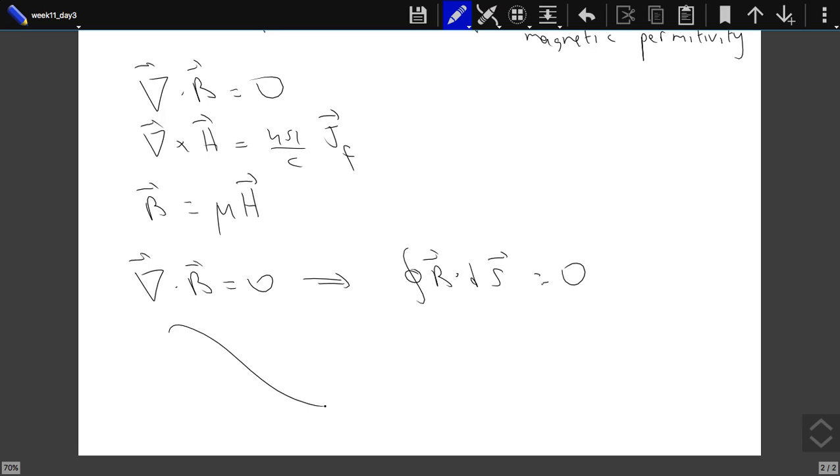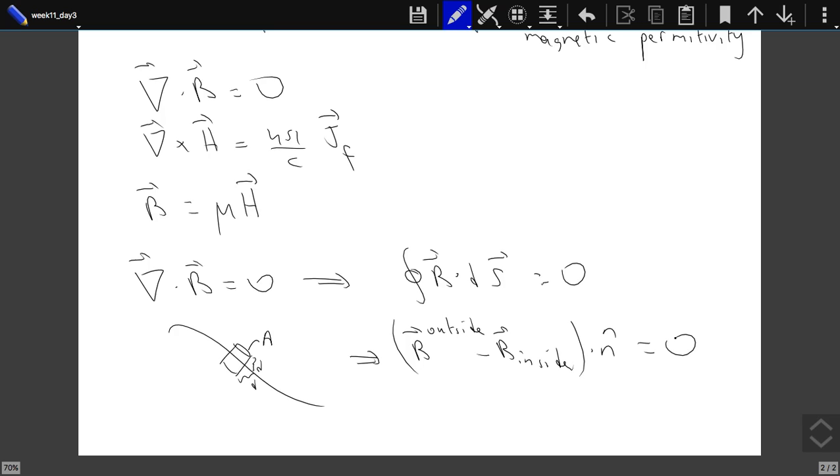So if this is our interface between two regions, this is our boundary, we just assume a very small cylinder on the surface. This is length d, and the top and the bottom have area A. From this condition, we know that B outside minus B inside, dotted with n, should be equal to 0.